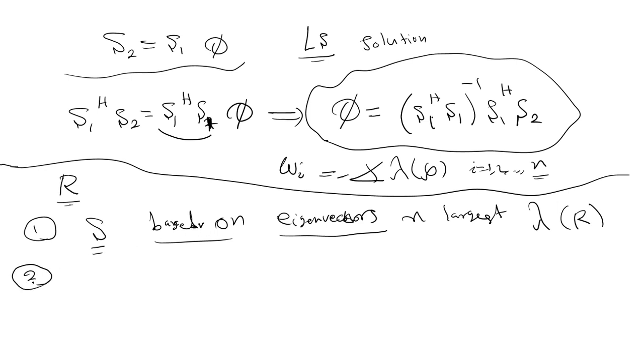And then you should form S1 and S2. Both of them can be constructed based on S. S1 is S without the last row, and S2 is S without the first row. And then we can find Phi using the least squares algorithm by this relation.